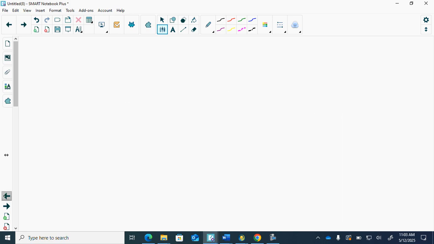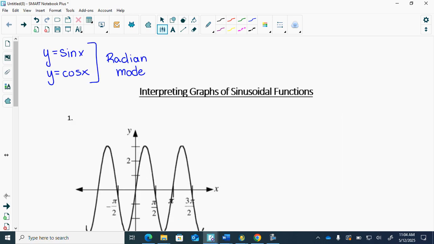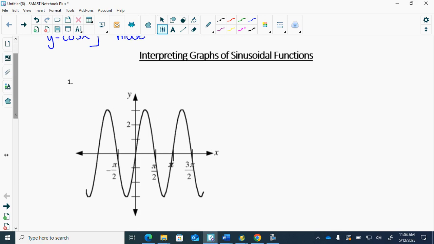So let's go back to page 1. We're going to put down a whole bunch of equations on here too, off to the side. We don't want to write giant, just normal size. So the amplitude equals the absolute value of the maximum. What's the maximum of this graph?